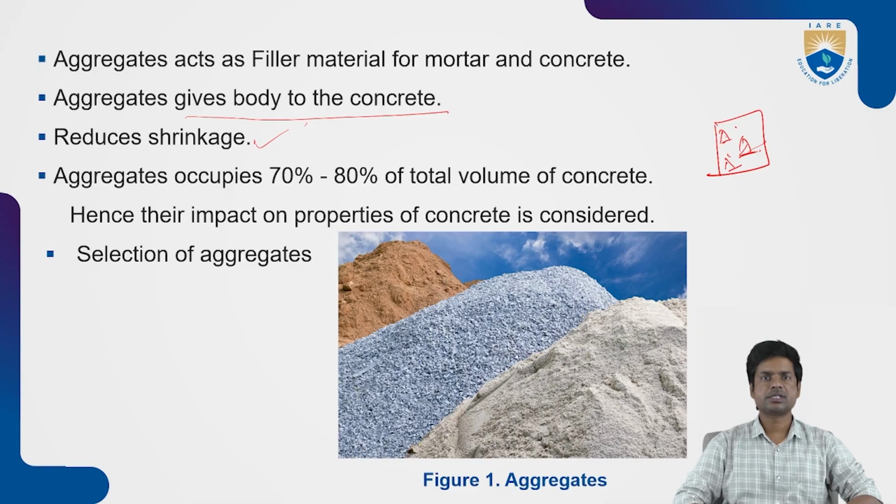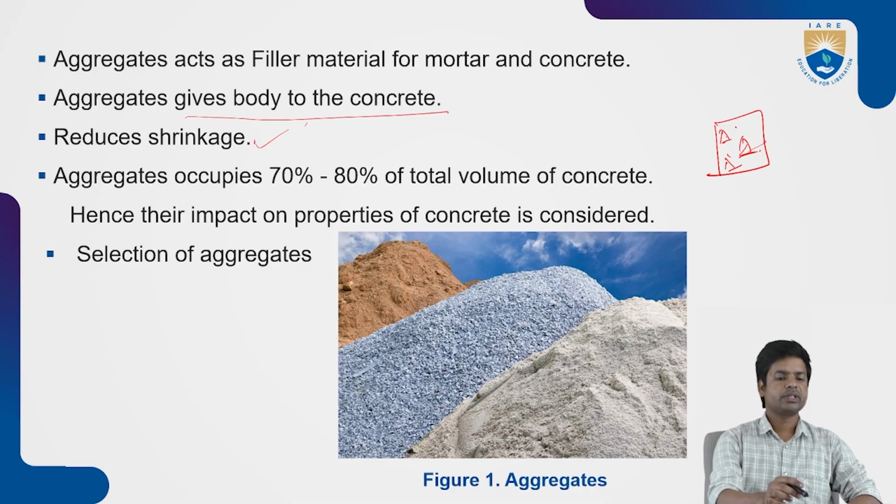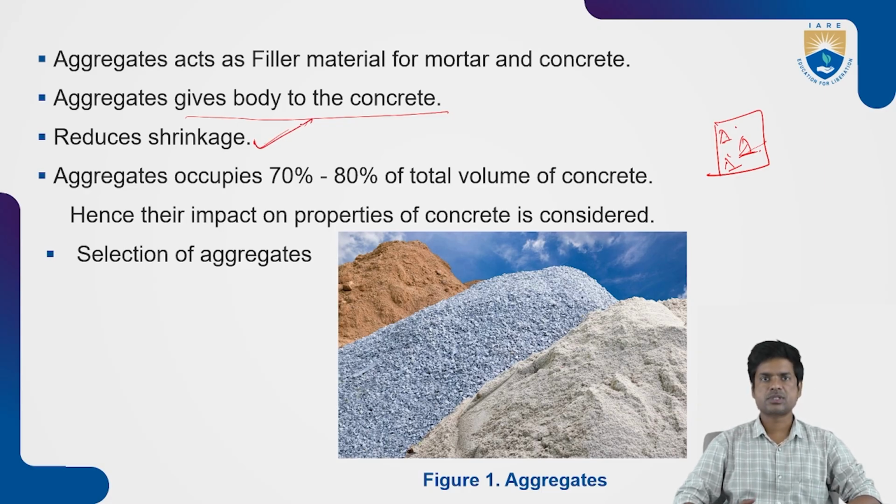Whenever the temperature changes, it evaporates and shrinks, and you will get cracks on the cement member. So if you replace cement with aggregates and fill most of the space with aggregates, then we can reduce the shrinkage.